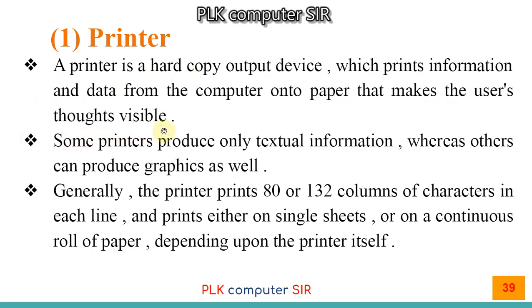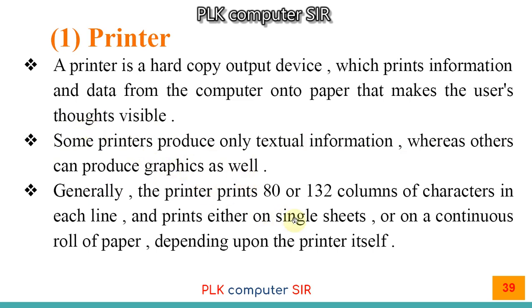So whatever is in a computer file, if you print it, it will come onto paper. Some printers produce only textual information, whereas others can produce graphics as well. So there are both types: some print textual information, some print images and graphics.